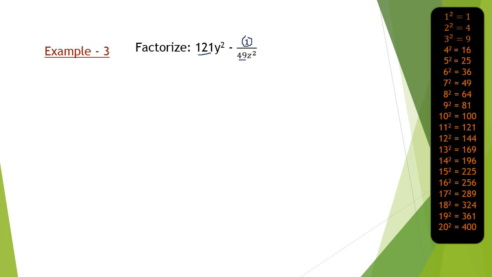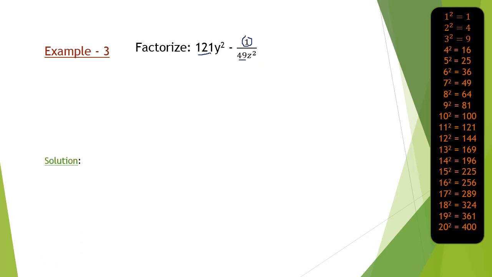You can see on the right of your screen that 1 is the square of 1, 121 is the square of 11, and 49 is the square of 7.